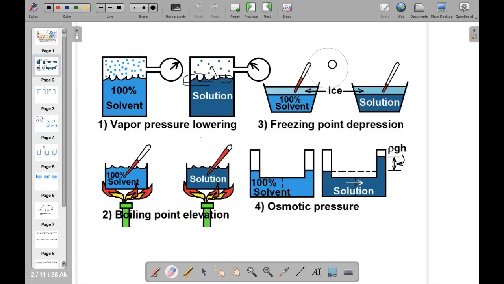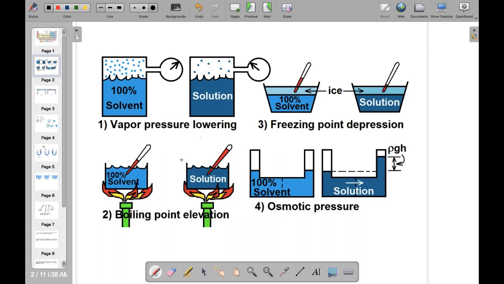Okay, we're making some progress. Now we have boiling point elevation. So yet again, at 100 degrees, we boil this water, and it starts to go through this phase change and turn into gas.